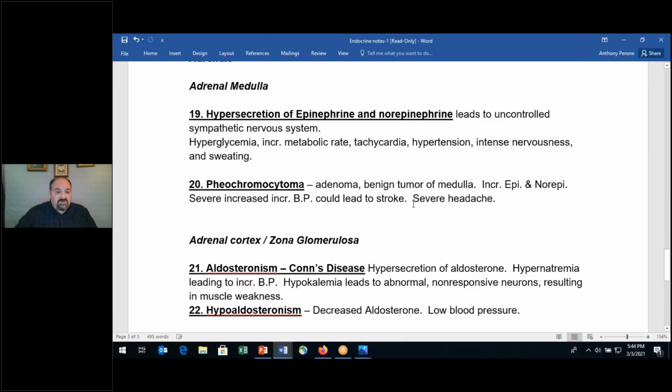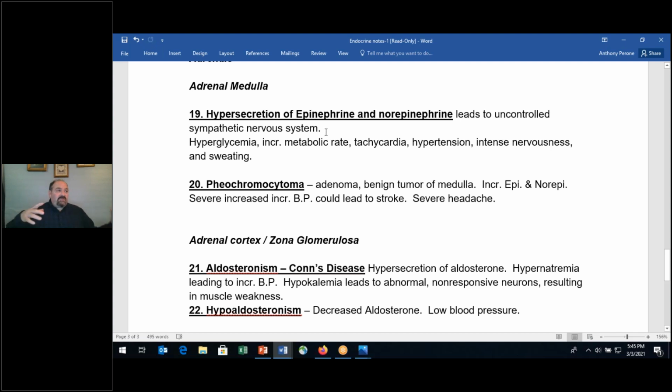Okay, as far as the adrenal glands are concerned, looking at the medullary region, hypersecretion of epinephrine and norepinephrine leads to uncontrolled sympathetic nervous system stimulation, really. This can be a major issue, folks. You get hyperglycemia, increased metabolic rate, tachycardia, so your heart rate is accelerated, hypertension, your blood pressure is up, intense nervousness and sweating.